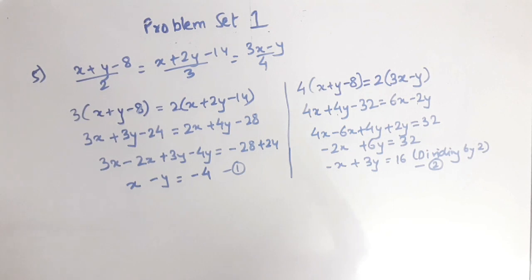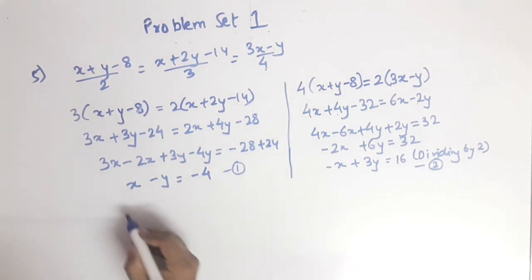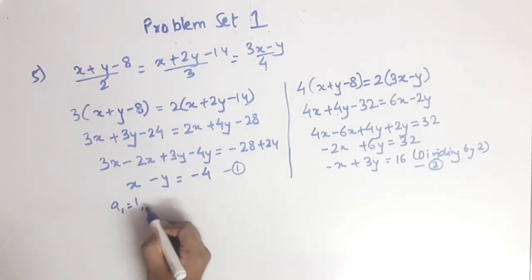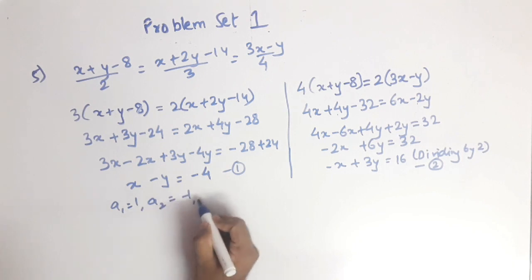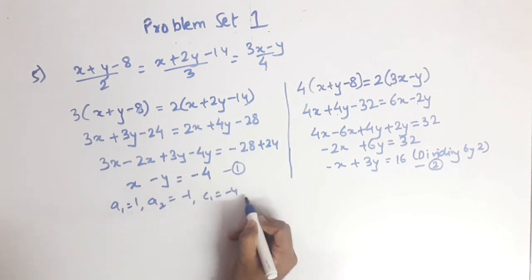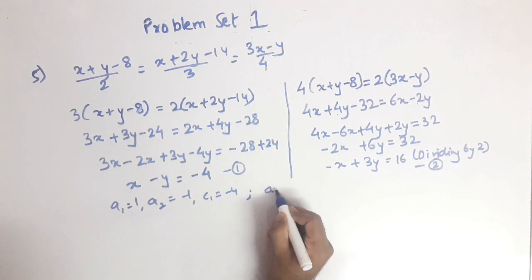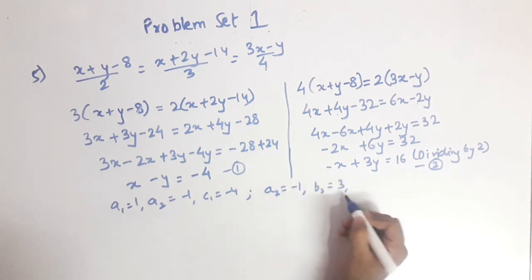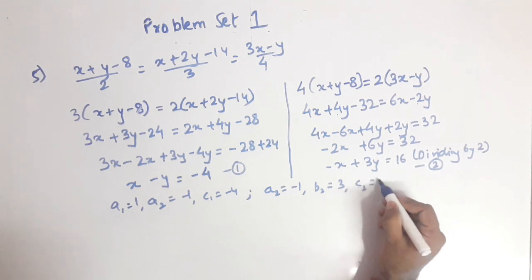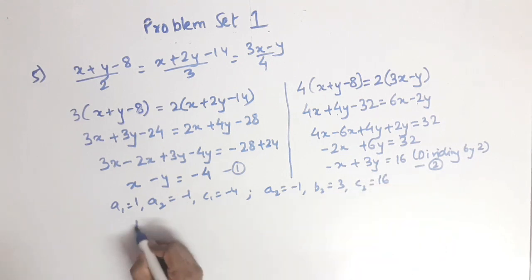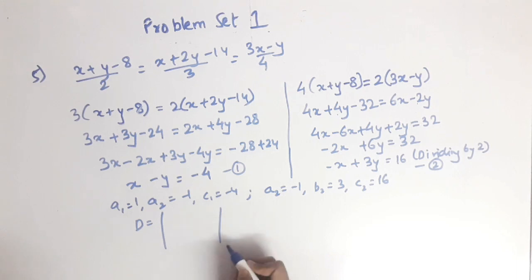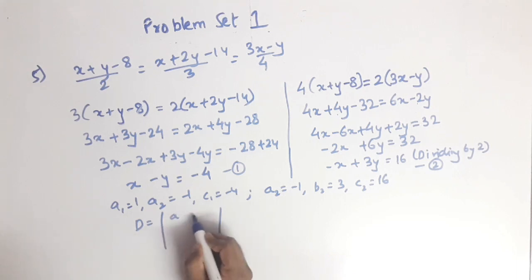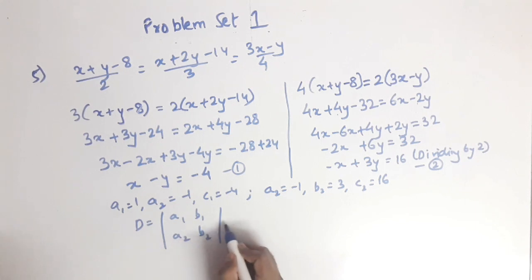Now we can start writing. A1 is 1, B1 is minus 1, C1 is minus 4, semicolon, A2 is minus 1, B2 is 3, and C2 is 16. So D, you know, it is A1 B1, A2 B2.